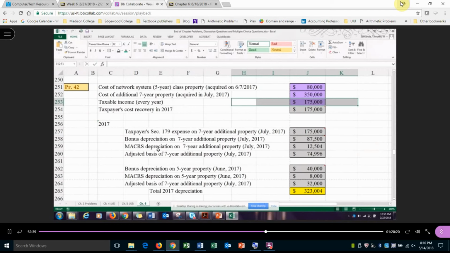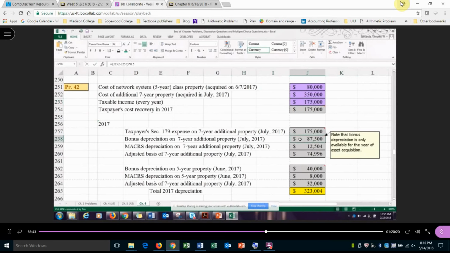We also have bonus depreciation available, which in this case is going to be the cost of the assets. And I'll run through this with you. It'll be the total cost of the assets, and that's going to be the 350,000 minus the expensing. And the expensing here was the 175,000 for 179.